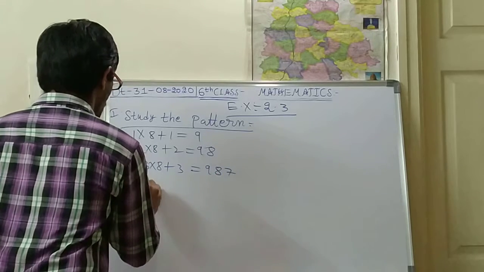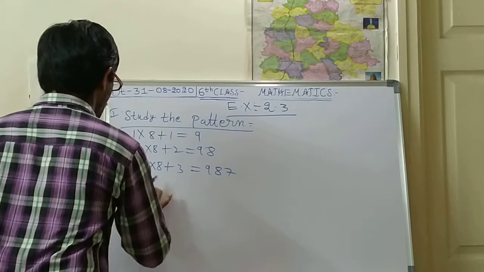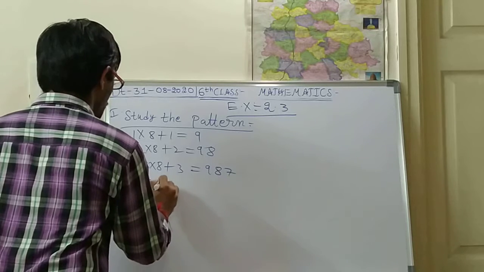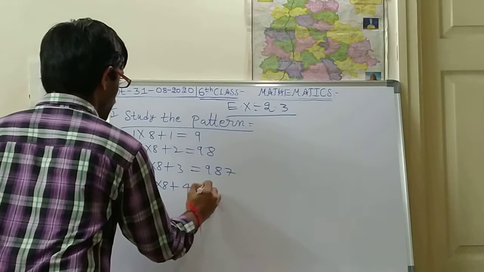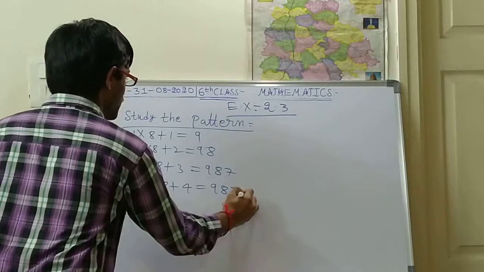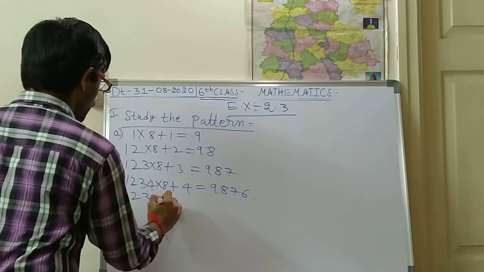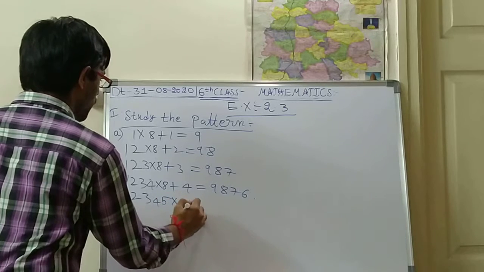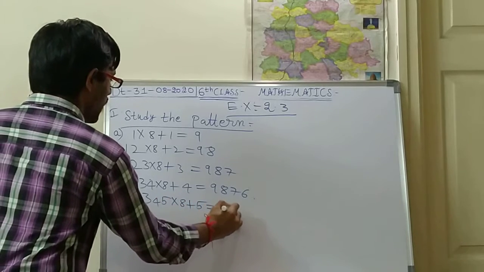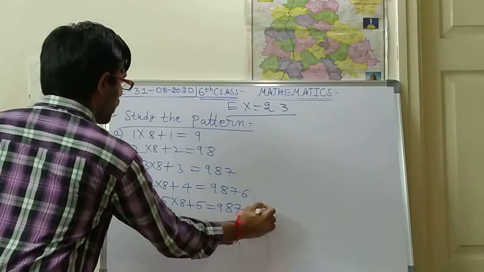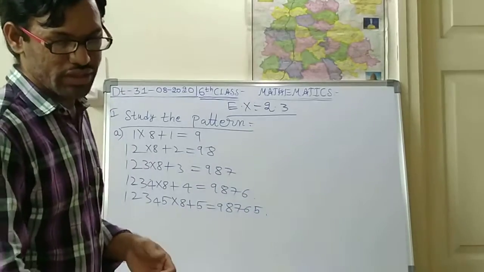Next, 1234 into 8 plus 4 is 9876. Next, 12345 into 8 plus 5 is 98765. So like this the question was given.